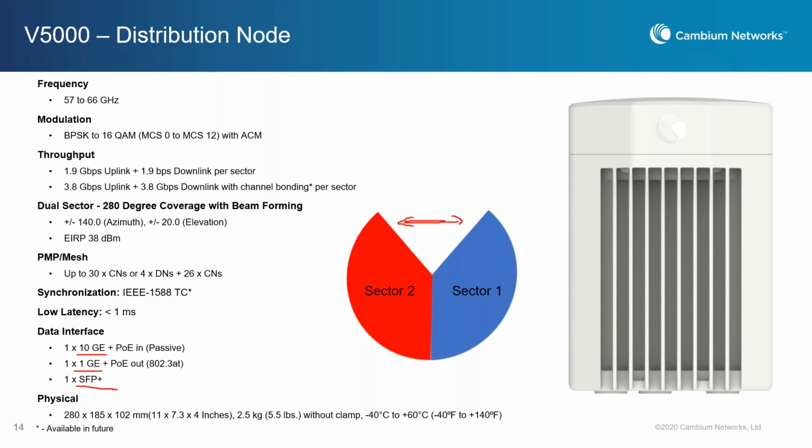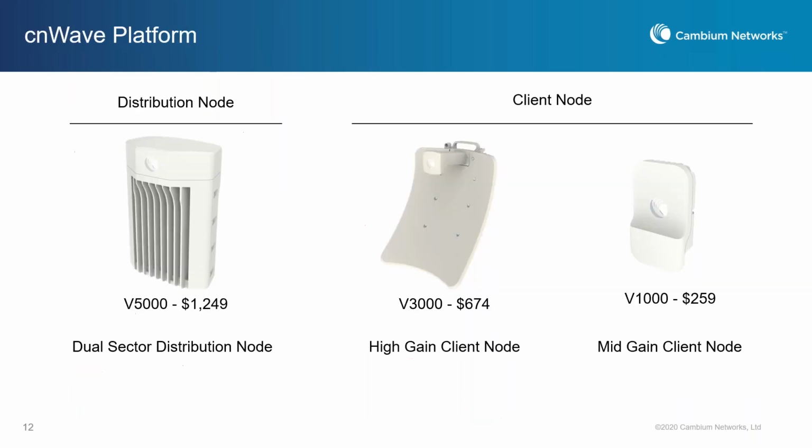Understood. Thanks, Alan. Next question is, I think during the webinar you had mentioned the MSRP. Could you reiterate the MSRP for the V5000, 3000, and 1000? Sure. The list price for V5000 is $1249. For V3000 is $674.